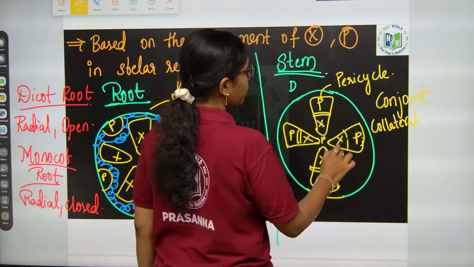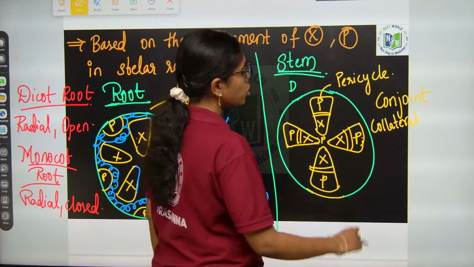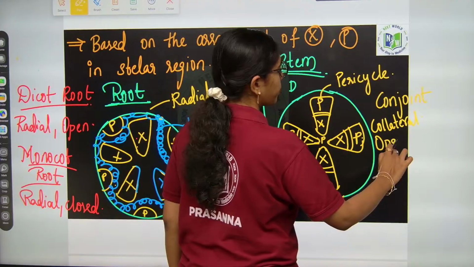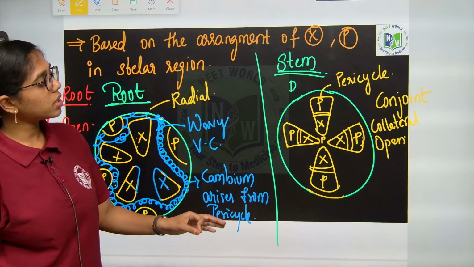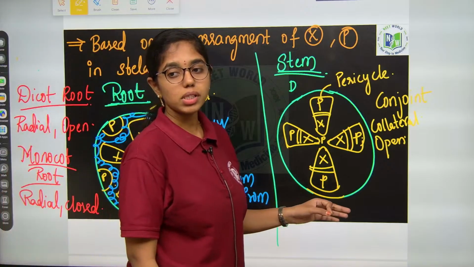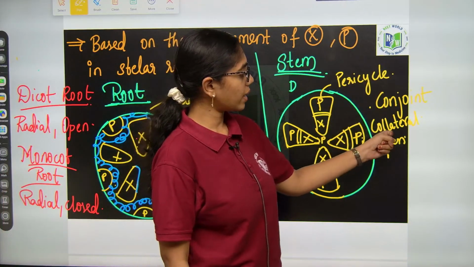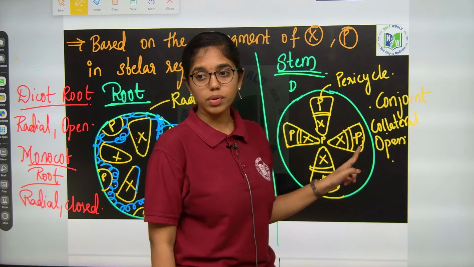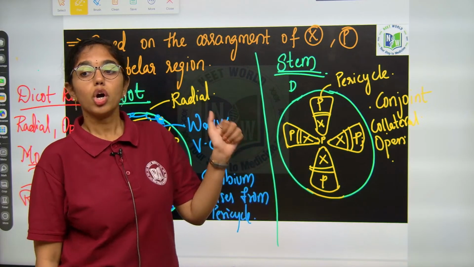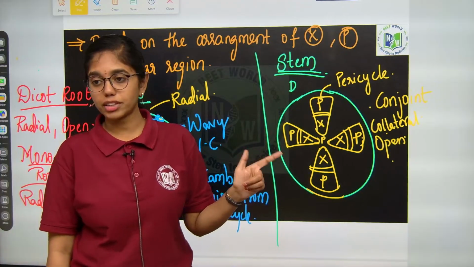When there is a cambium between xylem and phloem, this is called open type. So in dicot stem, what type of vascular bundles will you see? Conjoint, collateral and open. In monocot stem, cambium will not be present in between xylem and phloem, so you will observe conjoint and closed type of vascular bundles.